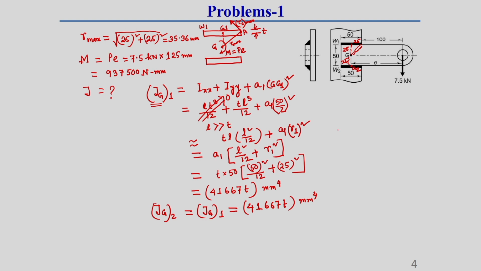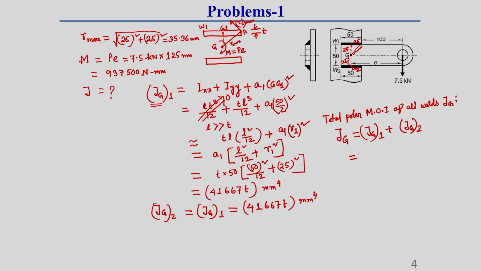So, here the total polar moment of inertia of the whole weld, whatever the welds are there, let it be Jg. So, this Jg will be equal to Jg of weld 1 plus Jg of weld 2, this you should keep in mind.